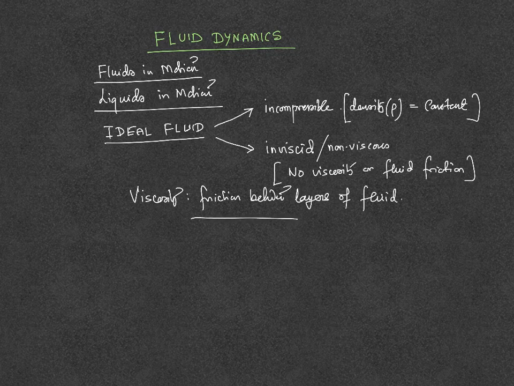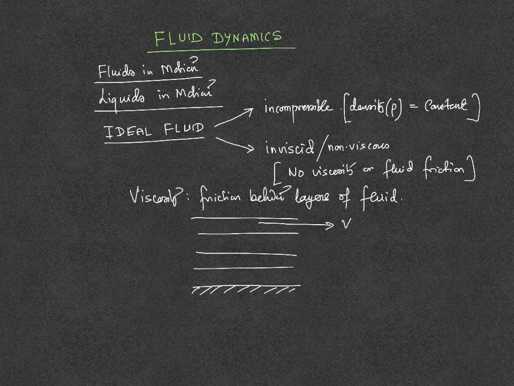That means, say we divide the fluid into layers, and suppose the bottom layer is fixed and the top layer moves with a certain speed v, so it will apply a force on the layer at the bottom, right? Say this red layer is acted upon by a friction force F, and the top layer will encounter a friction F towards the left.